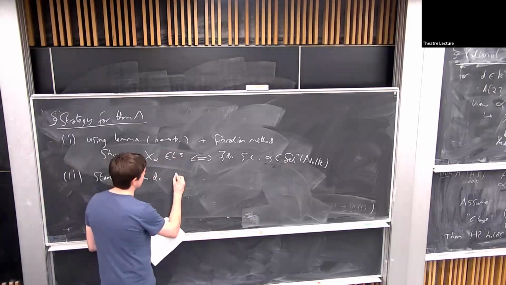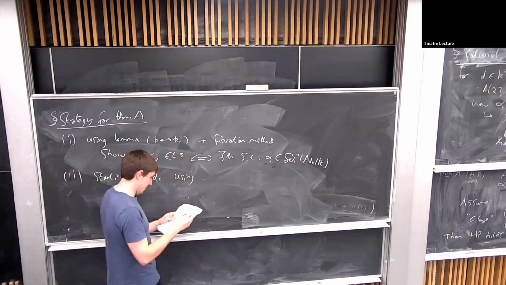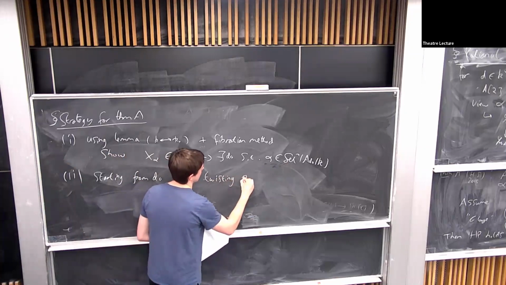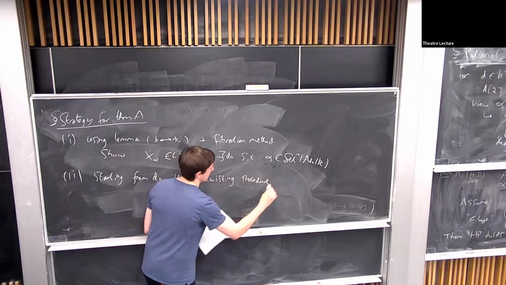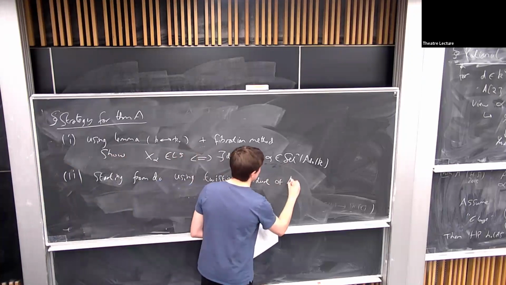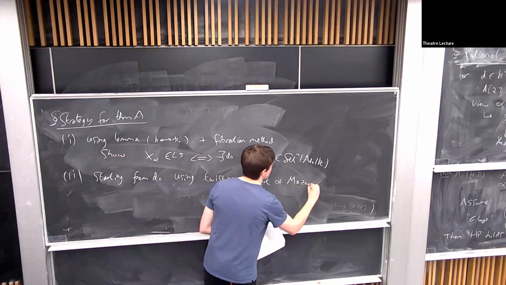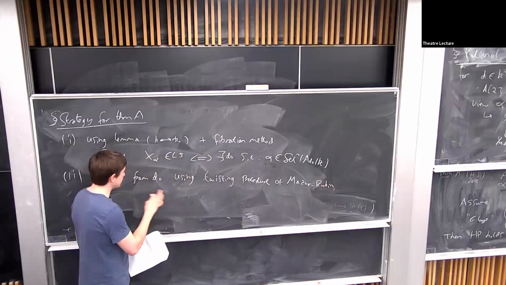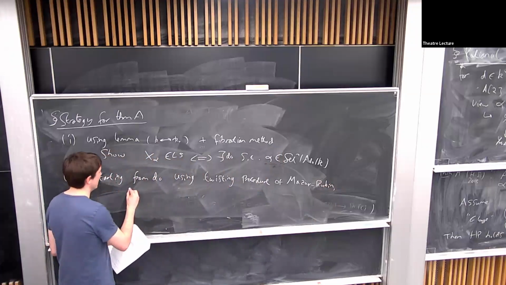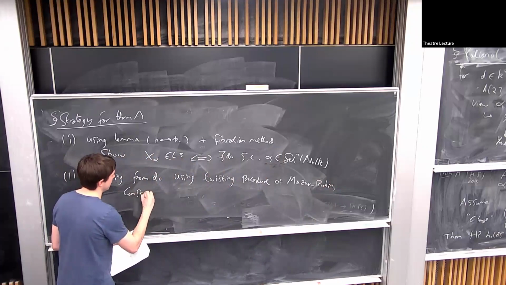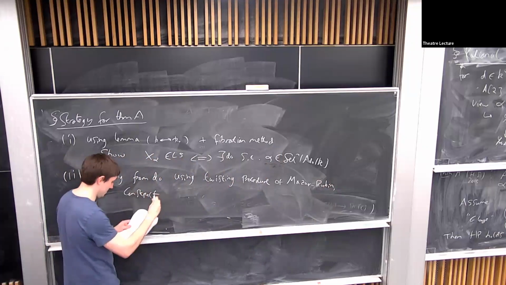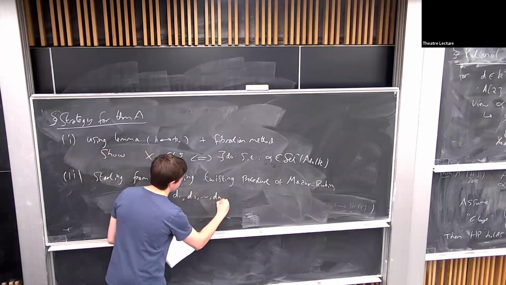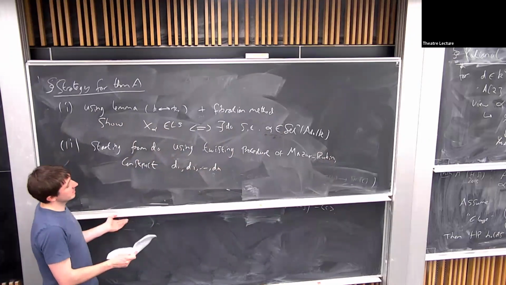So you say that using a twisting procedure of Mazur and Rubin, you construct a sequence D1, D2, and so on up to some Dn, which changes the Selmer group in a controlled way.